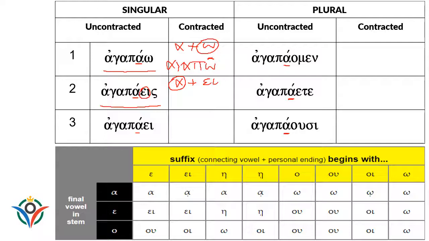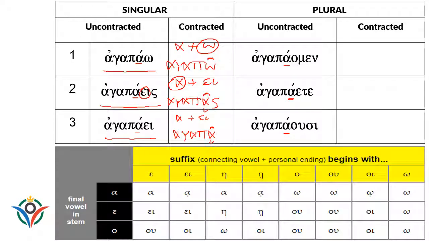So let's look at our new contracted form, which is agapas. All right, with the iota subscript and the circumflex to show the contraction has taken place. Okay, and our third example, well, third person singular is agape. All right, so there we have the alpha plus the a again. So this is very similar. We have agapa, with the iota subscript and the circumflex.